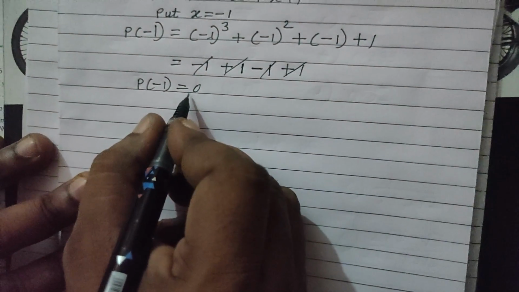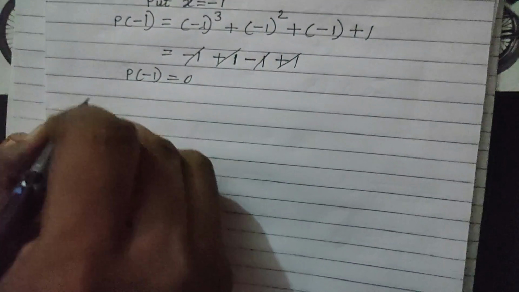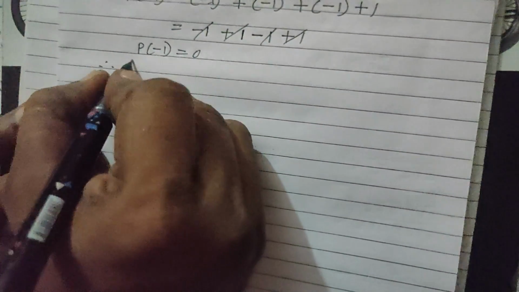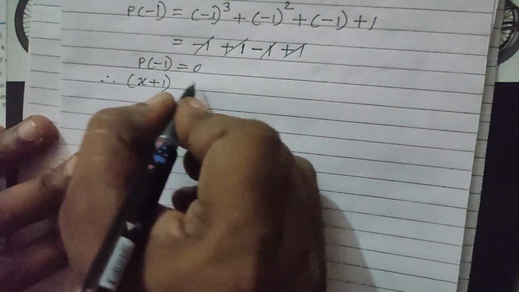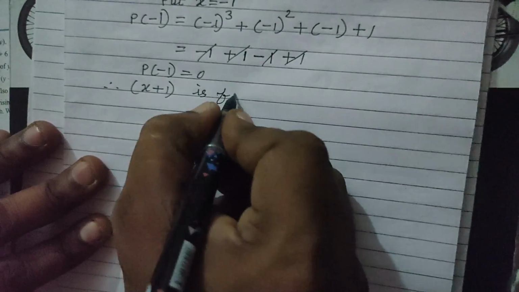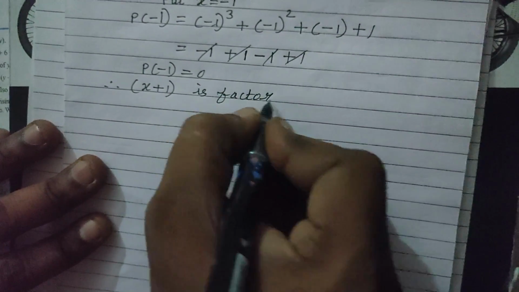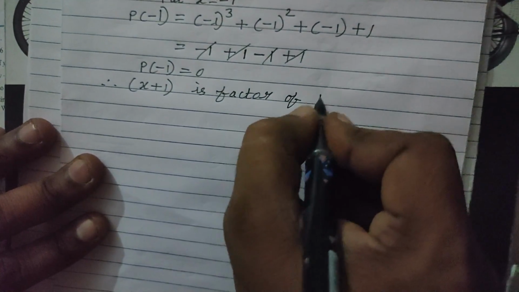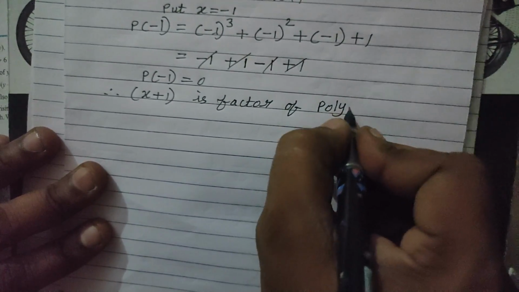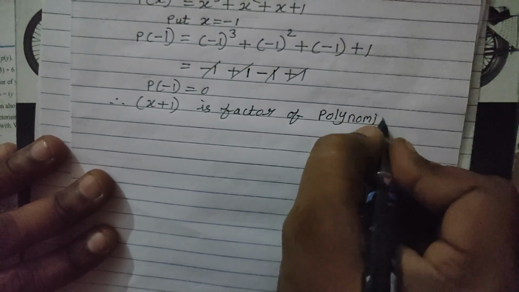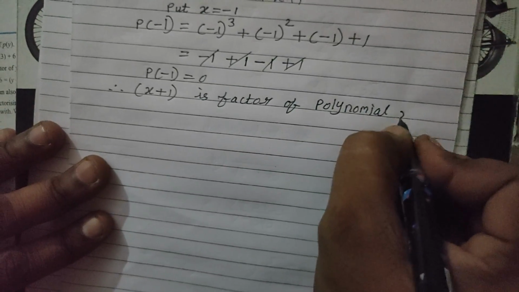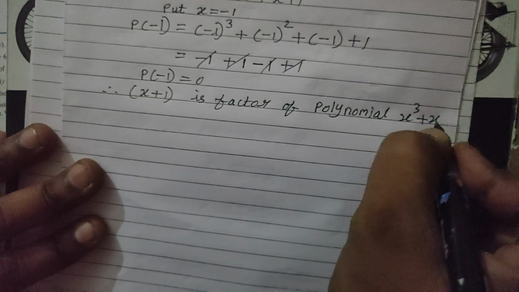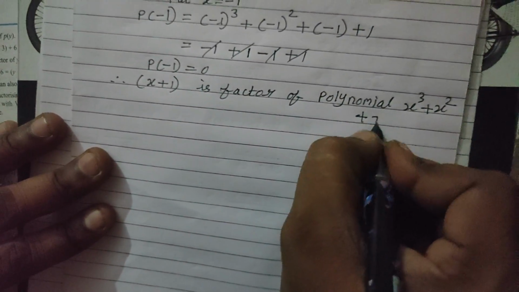Since it is coming as 0 after putting the value, hence x plus 1 is a factor of the polynomial x cube plus x square plus x plus 1.